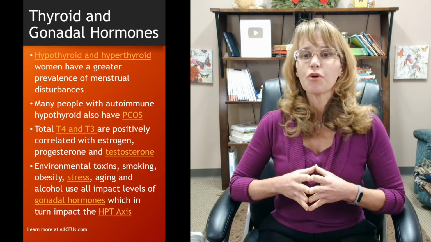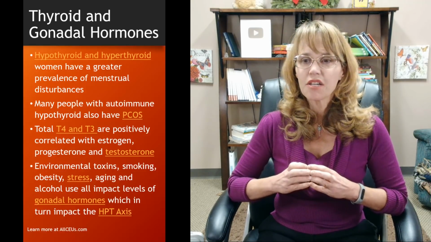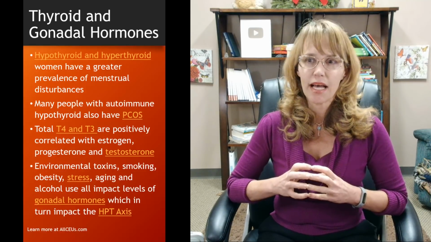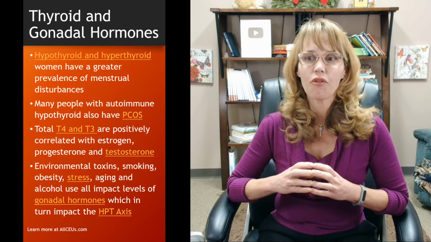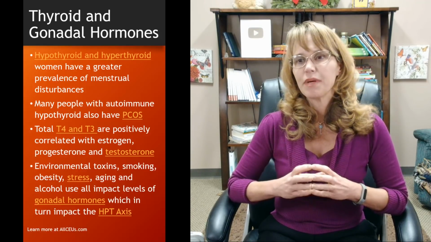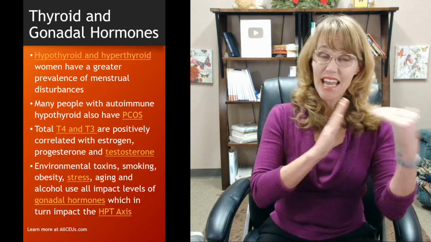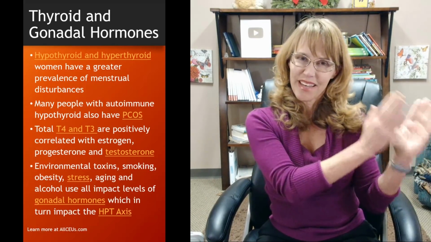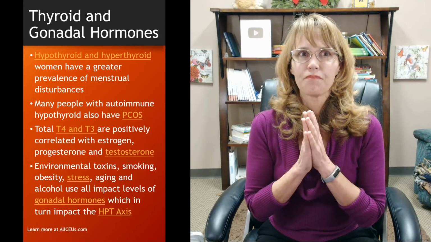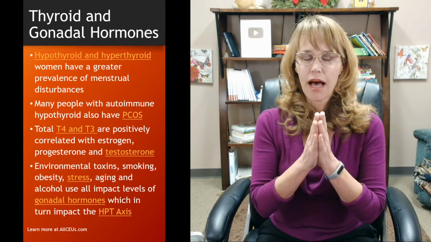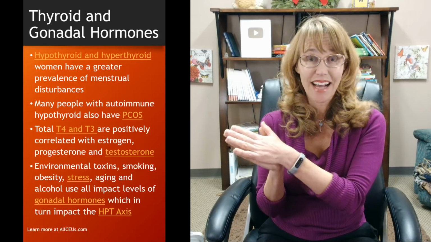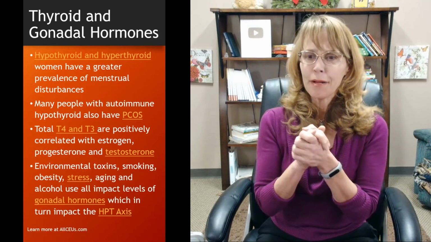Many people with autoimmune hypothyroid also have PCOS, which is polycystic ovarian syndrome. And PCOS has actually been connected with, and I talked about this in the presentation on the hypothalamic pituitary gonadal axis, your sex hormones.